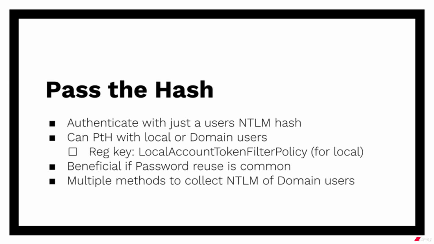Otherwise, if you collected the RID 500 built-in administrator's NTLM hash, you could try your luck on other Windows targets to, one, see if the built-in admin is enabled, and two, has the same password, hence the same NTLM hash.